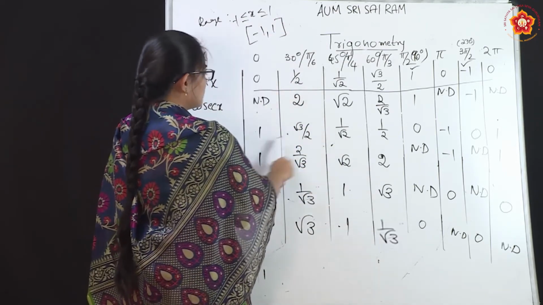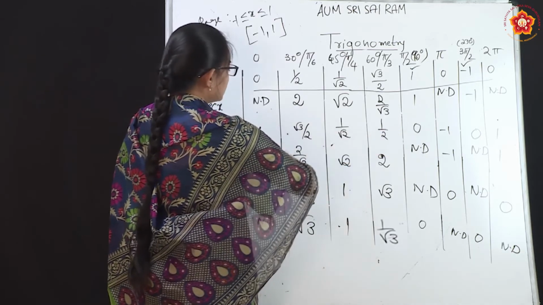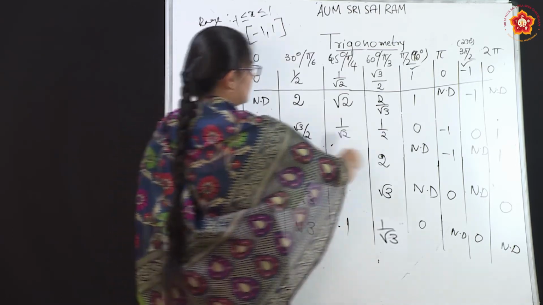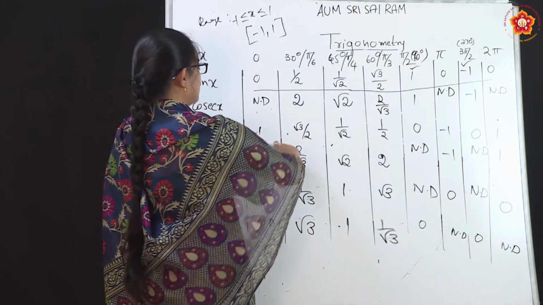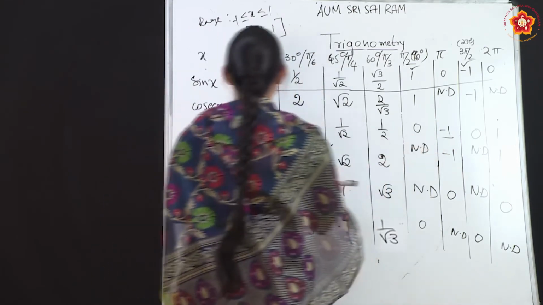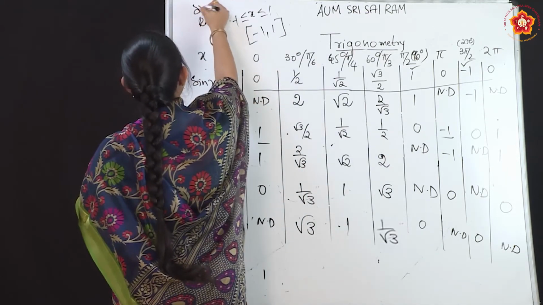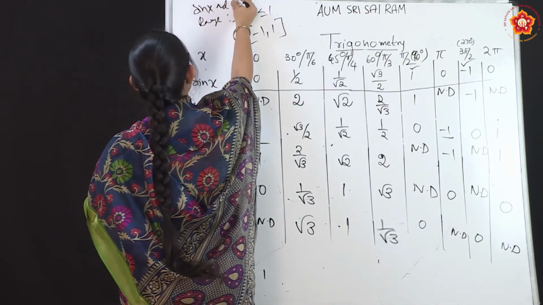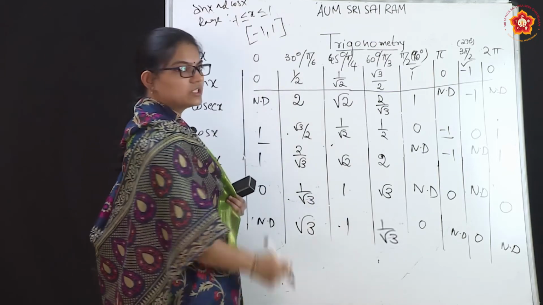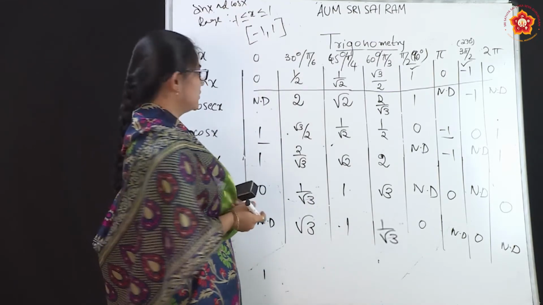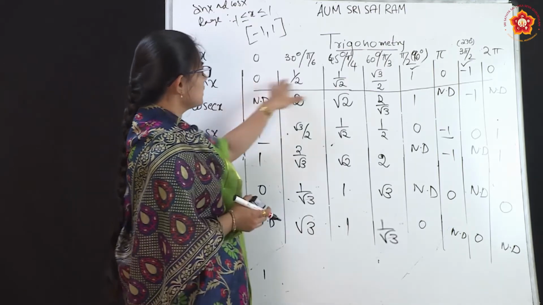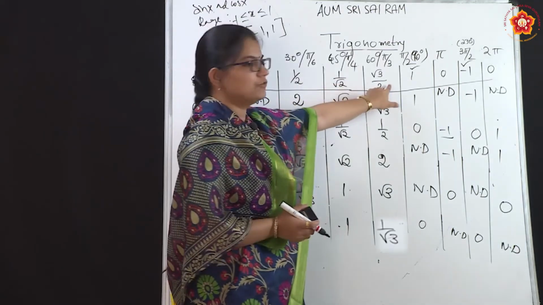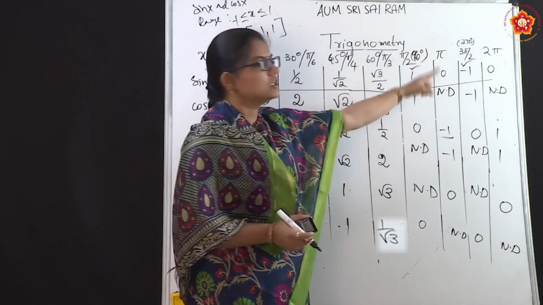Similarly, the range for cos x will also be the same. Highest is 1 and the lowest value is minus 1. So, therefore, for sin x and cos x you get the range closed interval minus 1 comma 1. And what is their domain? You can see you are able to get the value of sin for all the angles.